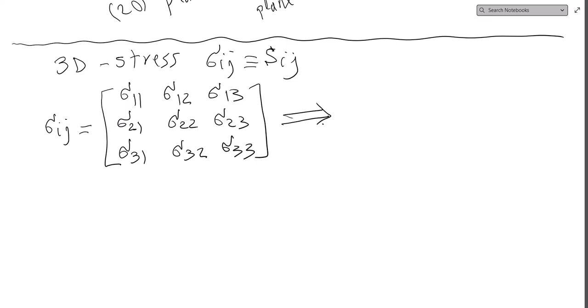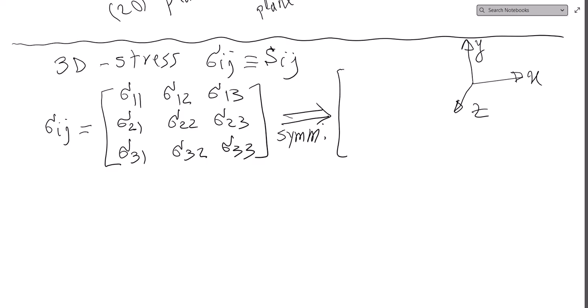Now, having a coordinate system, let's designate a coordinate system here, x, y, Z, and also use symmetry.